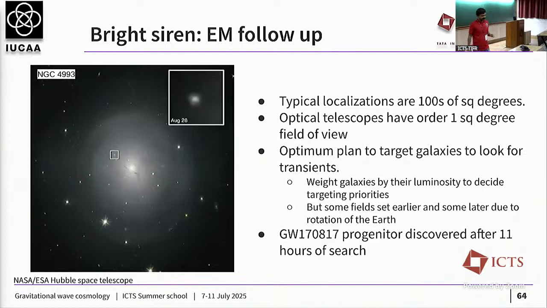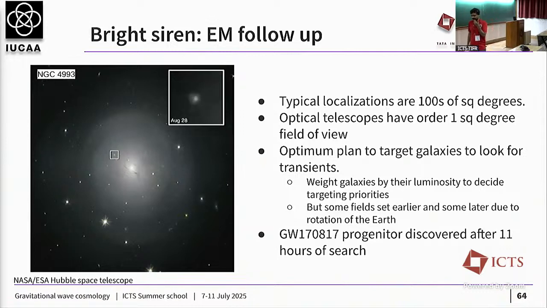Plus, people also work out the probabilities. So you can ask, what is the probability, if you just targeted a random galaxy, that you will see a transient coming from the same localization area as where you saw the gravitational wave event, right? And so people try to work all these things out in order to assign surety that this is actually the counterpart.